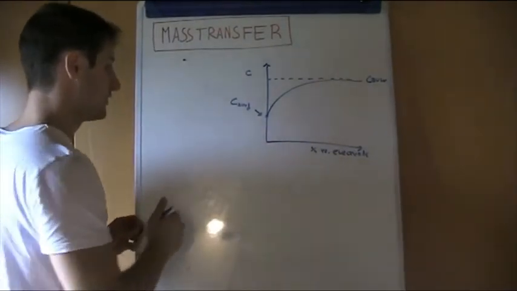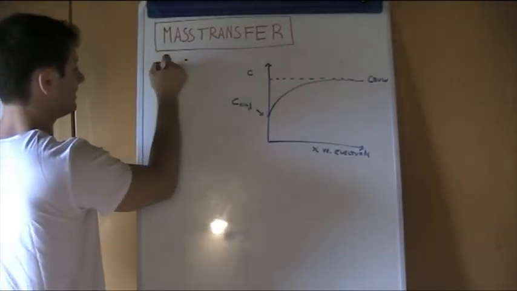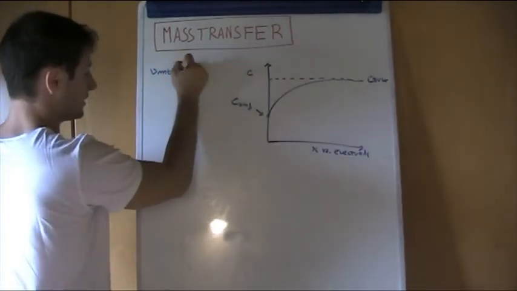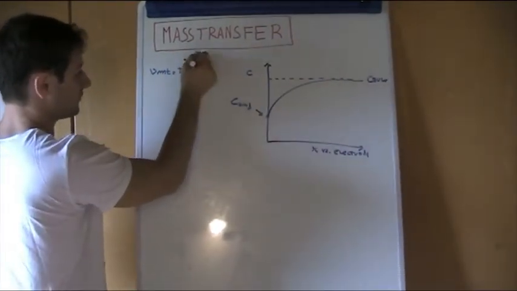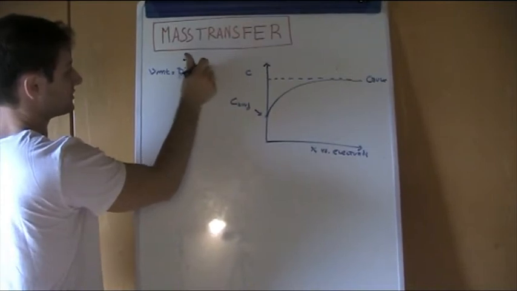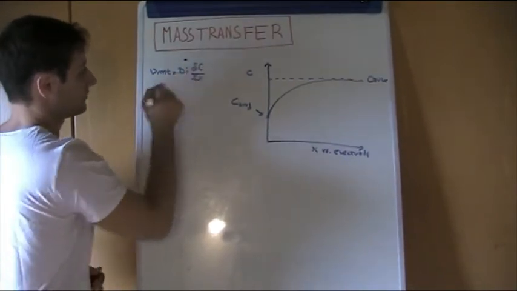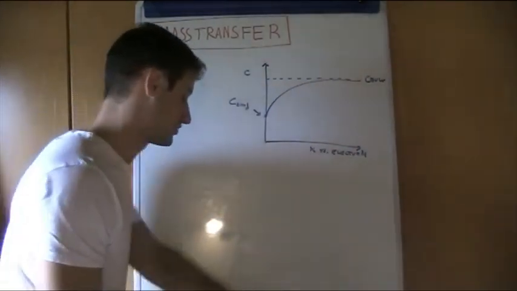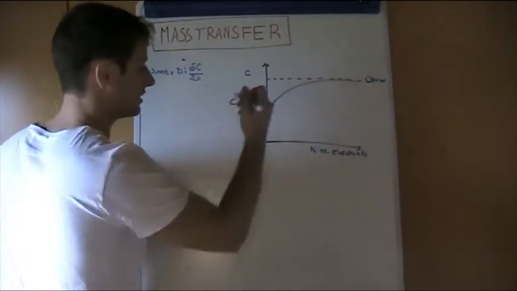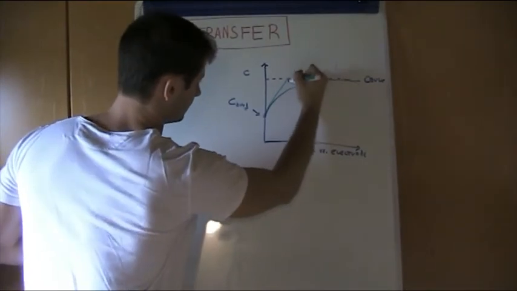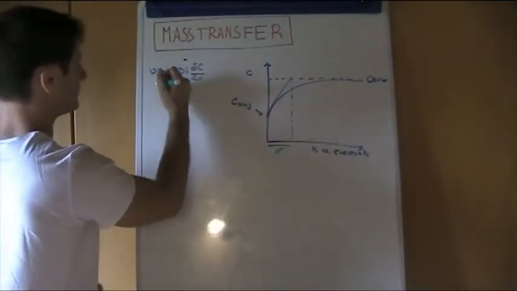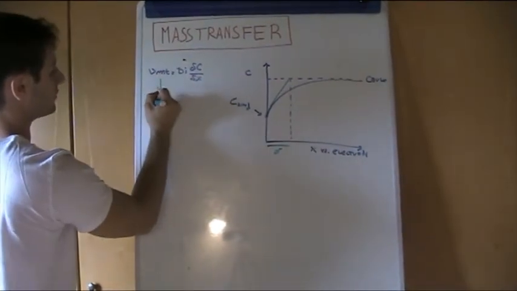So we know very well that in this case the mass transfer speed is equal to the diffusion coefficient times the variation in concentration versus the distance, but we know that we can proceed with the Nernst linearization, and so we can rewrite this equation in this way.